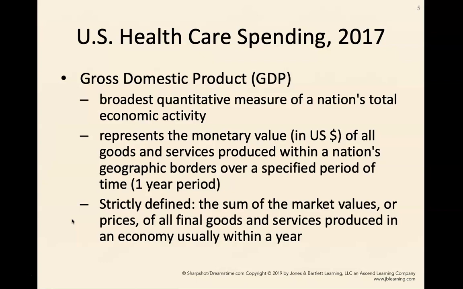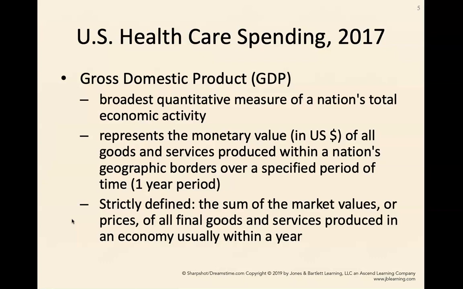And I am talking about the gross domestic product, GDP. So GDP is the most encompassing measure of a nation's total economic activity. So it represents the value of that economy.